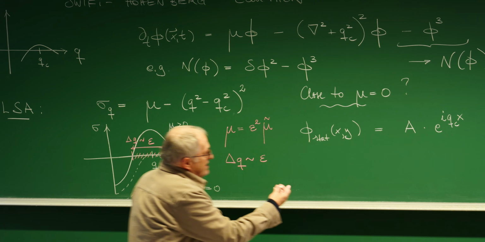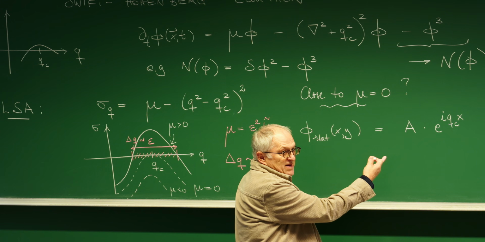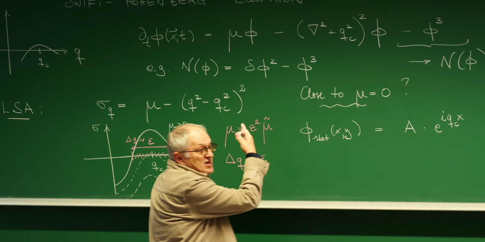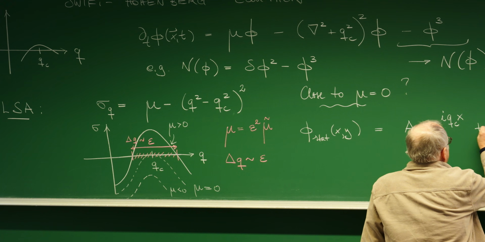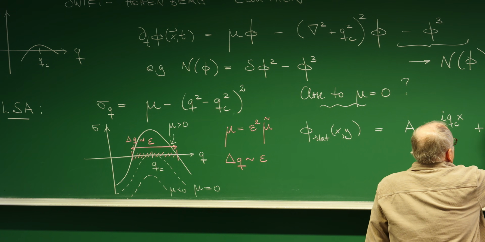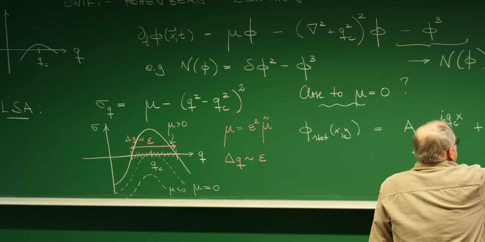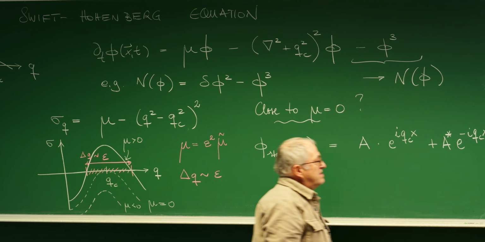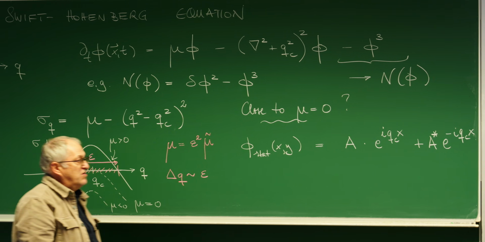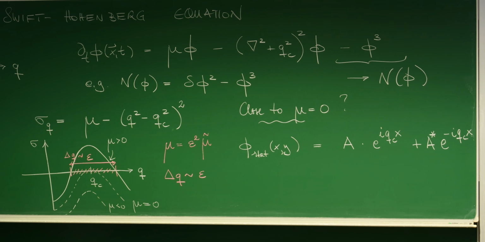This cannot be quite the solution because that's a complex amplitude. And this is an equation for something that's a real variable. So the actual solution that I should write down is just the solution plus its complex conjugate. So as you add it up, you get something real.